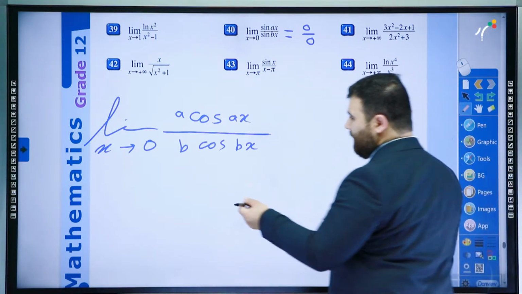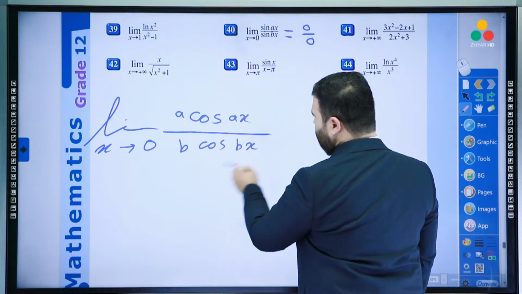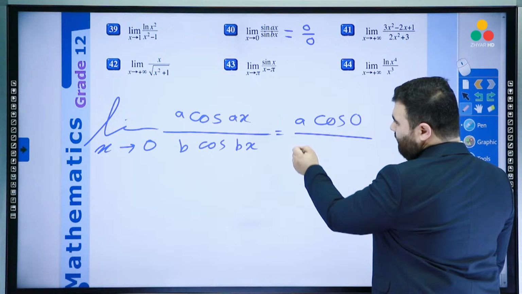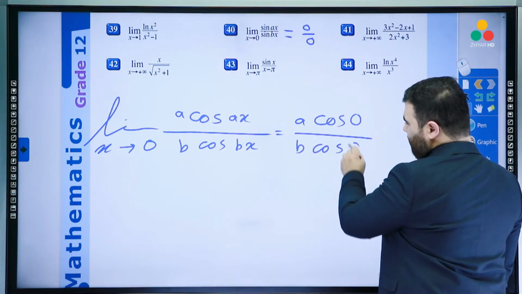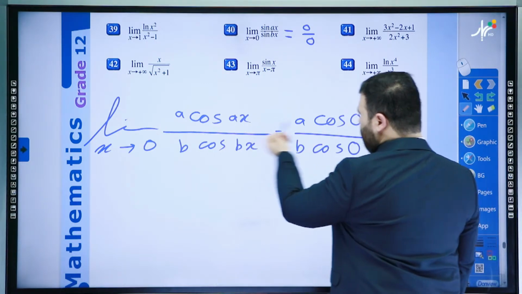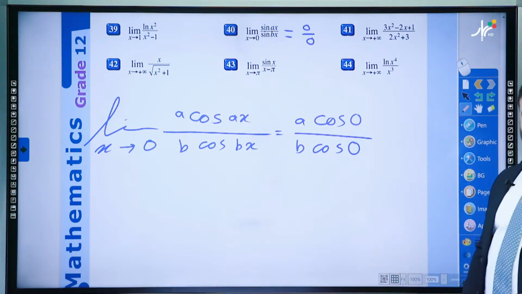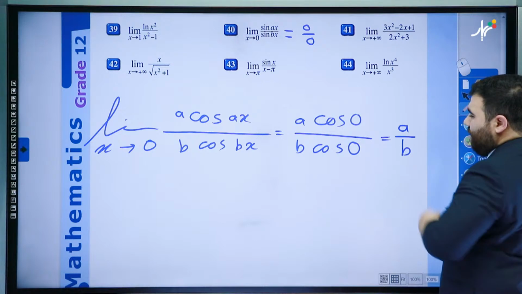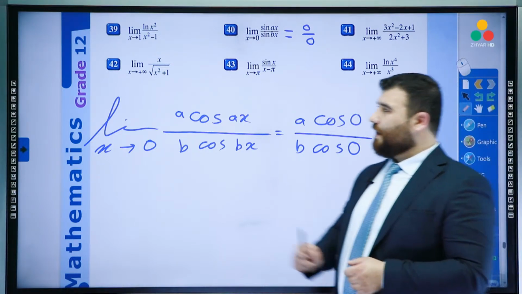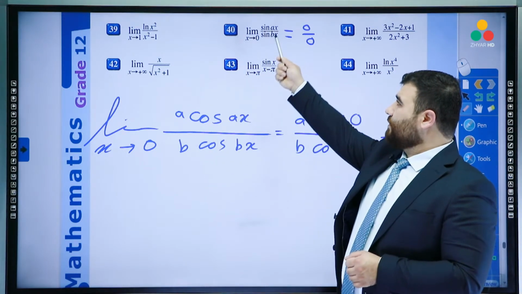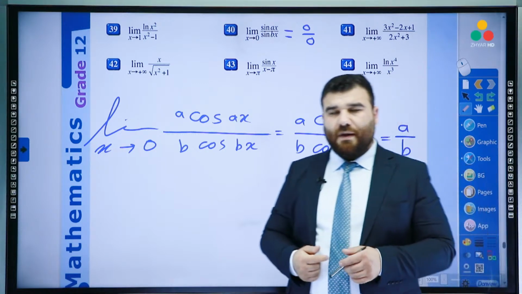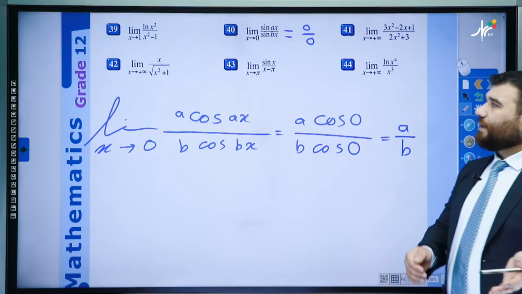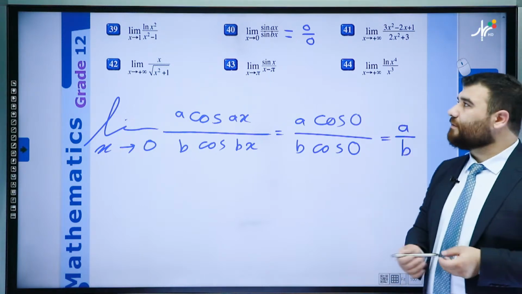Now it will be cosine 0. So it's A cosine 0 over B cosine 0. Cosine 0 is 1. Then the final answer is A over B. So we can consider this as a rule. If you see x tends to 0, sine of any number times x over sine of any other number times x, we can say it will be only the coefficients of the x.